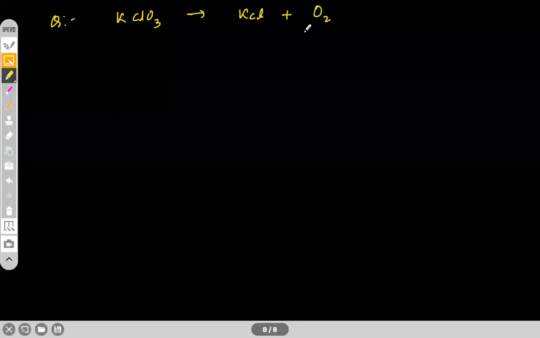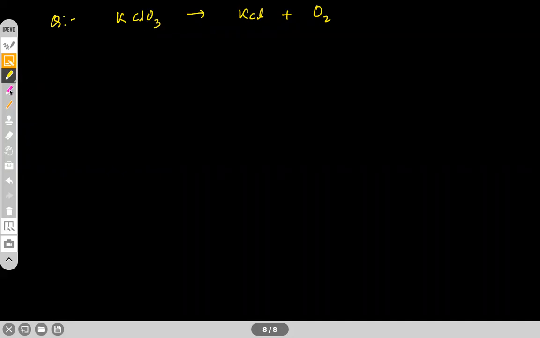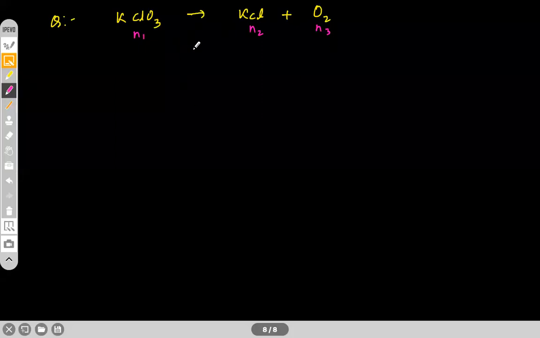I want you to establish a relation among the number of moles of KClO3, the number of moles of KCl, and the number of moles of O2. I know you can do this by balancing the reaction. I don't want you to do that. I want you to establish the relation of number of moles of KClO3 that I'm assuming N1, N2, and N3. And I want you to establish the relation among N1, N2, N3 using POAC.